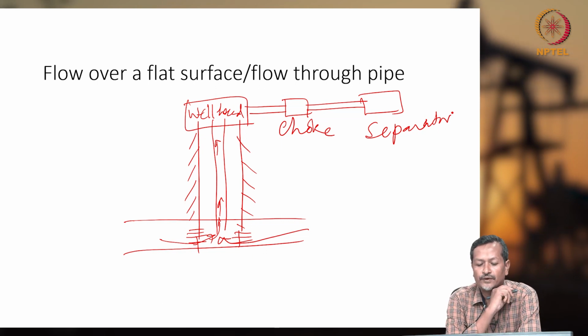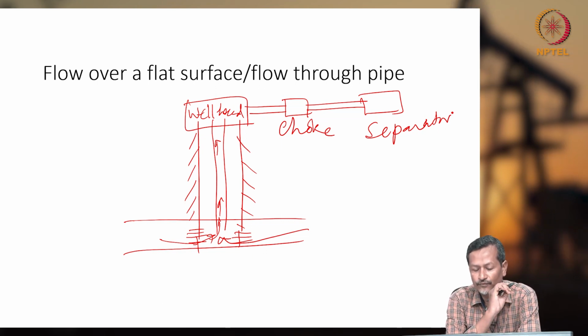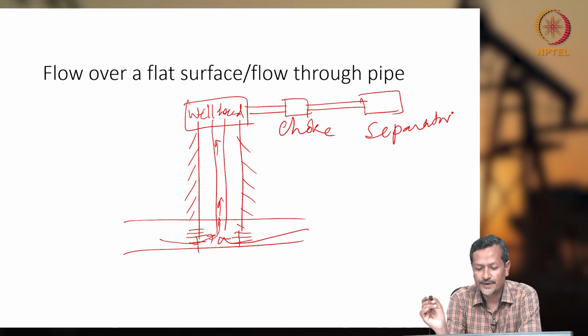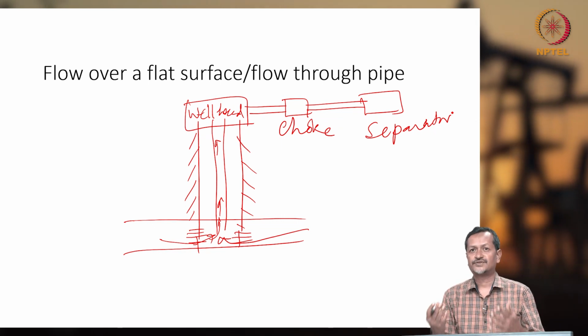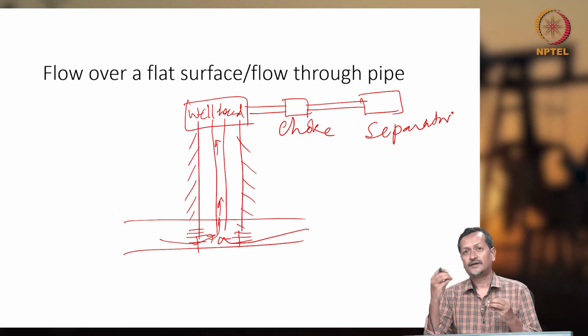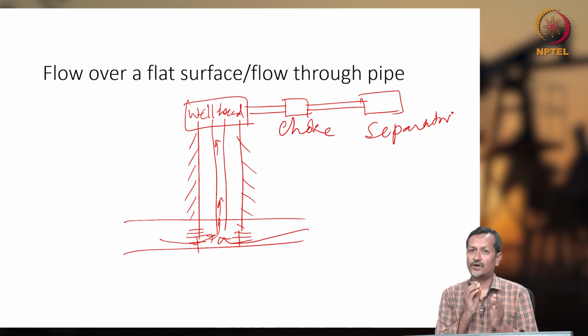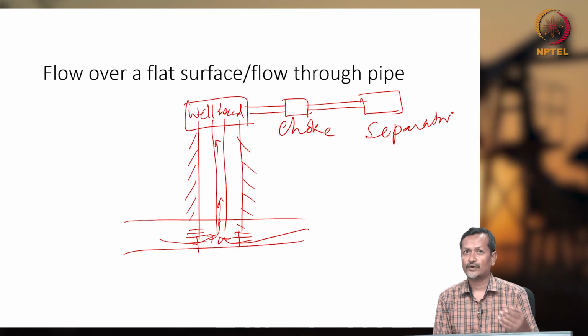Now, when fluid is flowing from wellbore to the separator, there will be lots of resistance. If it has very high viscosity, it will have very high resistance. If it has lower viscosity, for example water, it will have lower resistance.